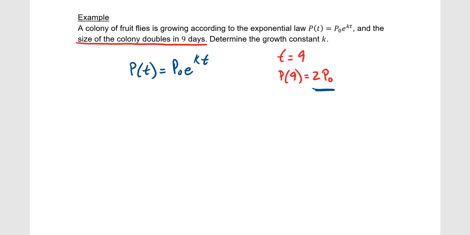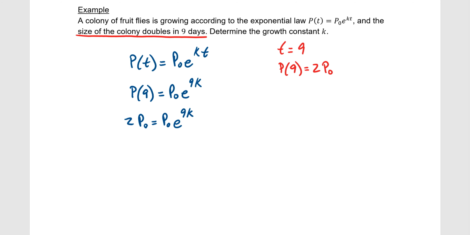Instead of P of t, we get P of 9. Let's rewrite it like this: P of 9 equals P naught e to the k times 9, or 9k. And now we can substitute that in. That's 2 times the initial amount equals the initial amount, e to the 9k.